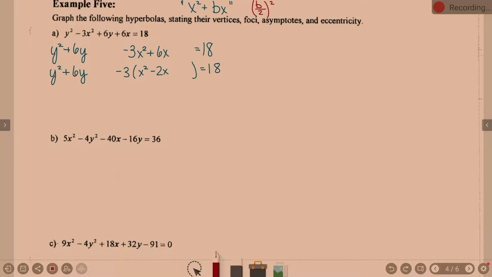I don't know, will it help if I write it out? Although I think you guys are just all working on your own, aren't you? 6 divided by 2 is 3. 3 squared is 9. If I add 9 on the left, we're going to add 9 on the right.